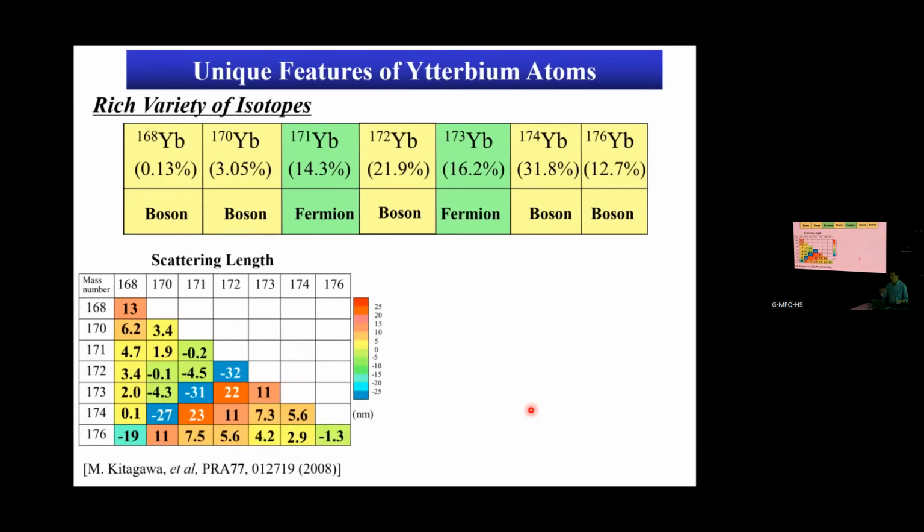And the scattering length for each isotope and each isotope pair is precisely determined by our photoassociation spectroscopy. So this is the basis for designing experiments and for interpreting the experimental results.